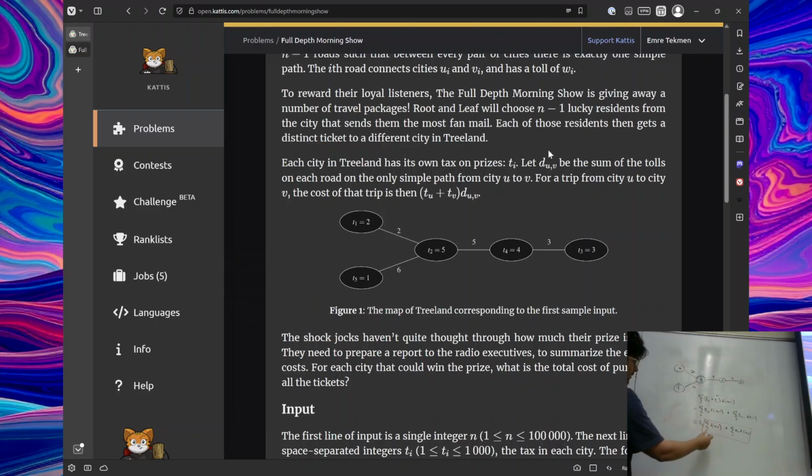That will take O of n, because we already know how to compute distances with depth first search. Instead of counting 1, 2, 3, 4, 5, you're counting plus 2, plus 6, or plus 2, plus 5, plus 3. You just do it weighted. So that's O of n.